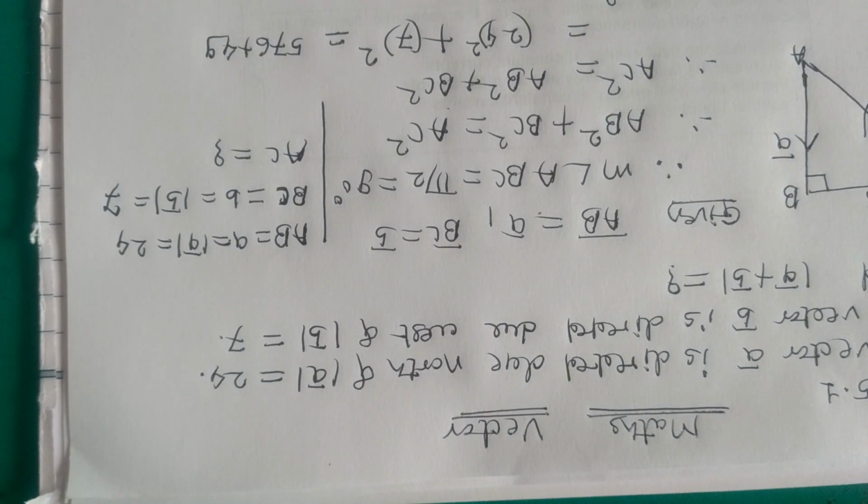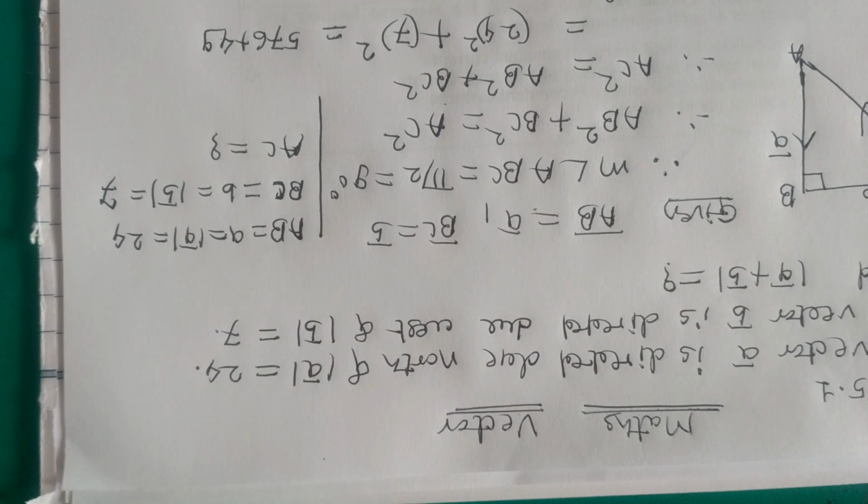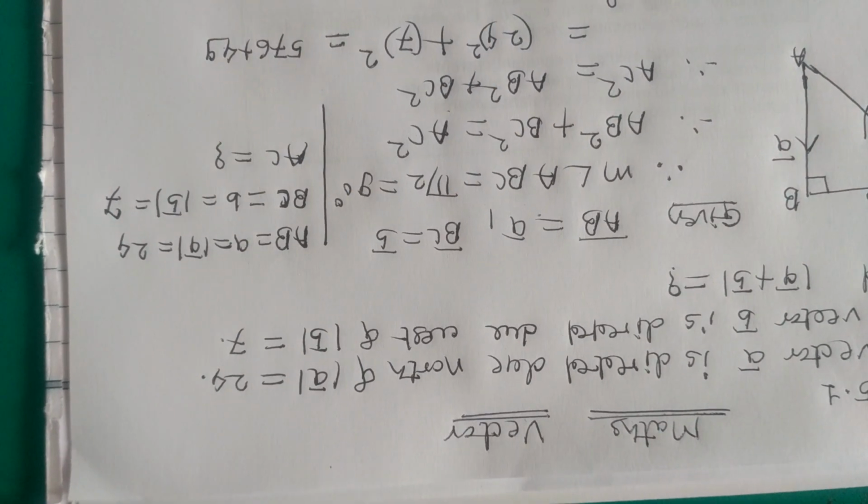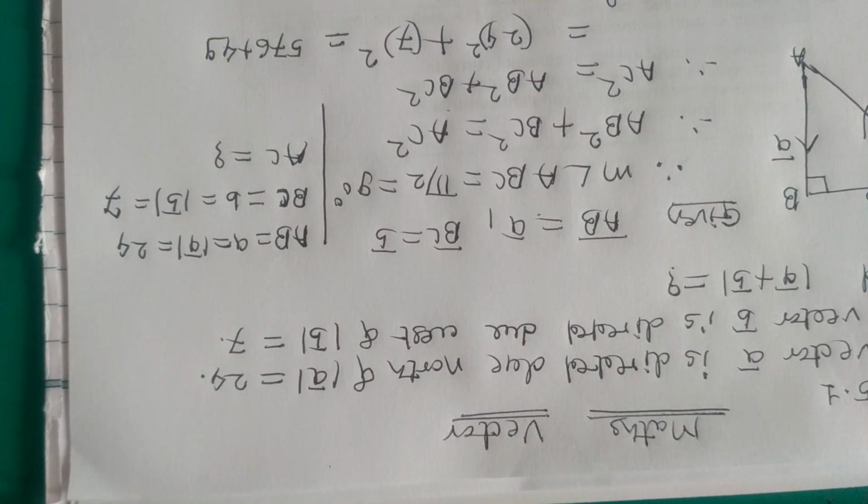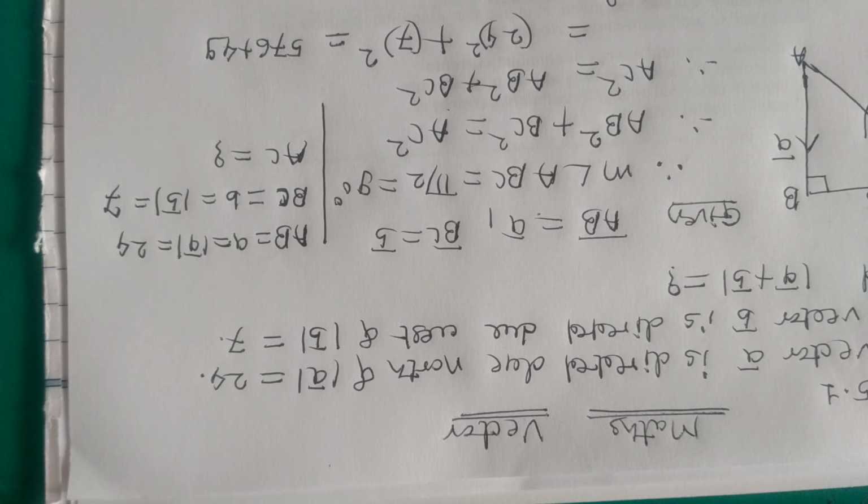Likewise, the magnitude of AC bar, once you make the vector free from bar notation and magnitude notation, then you get its magnitude. So for vectors a bar and b bar, by using the direction concept, we take the formation of a right angle triangle, and we find the magnitude of a bar plus b bar.